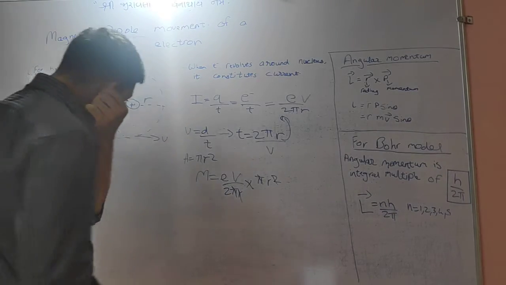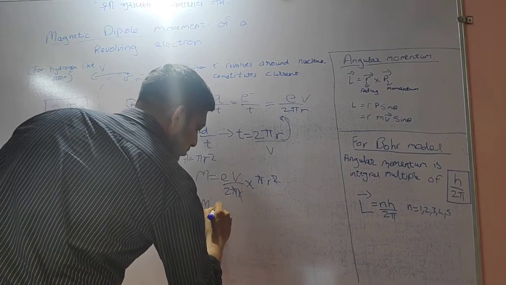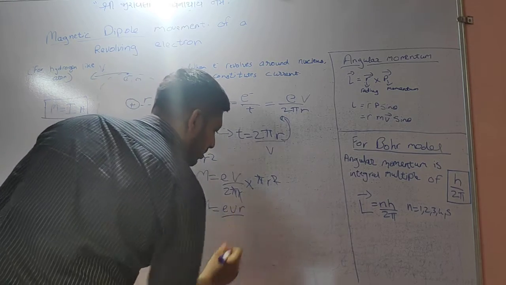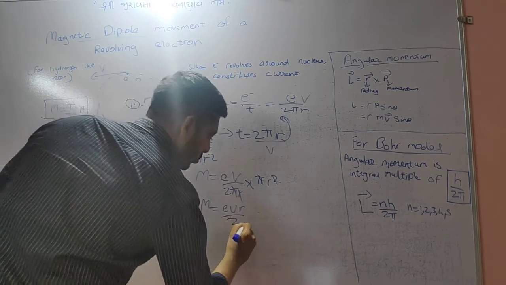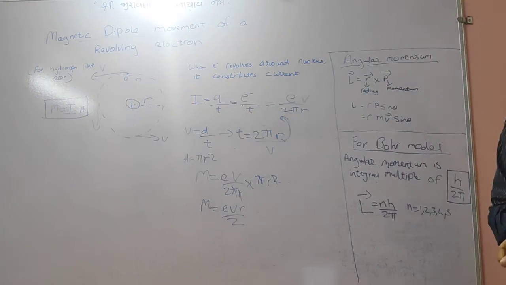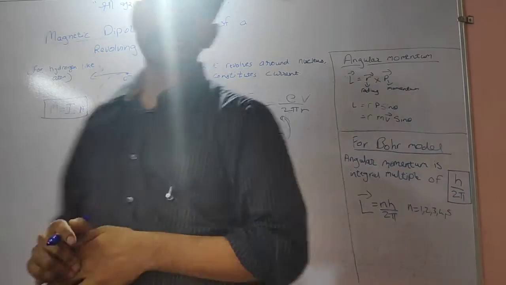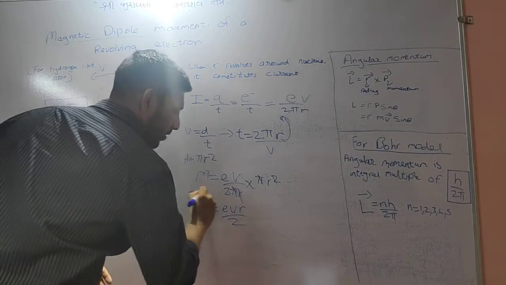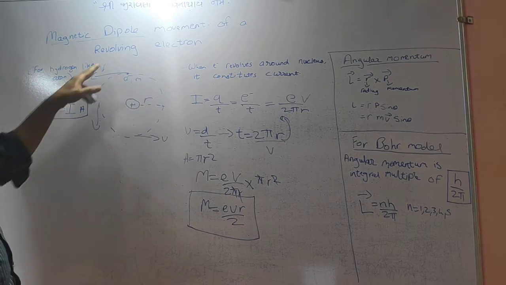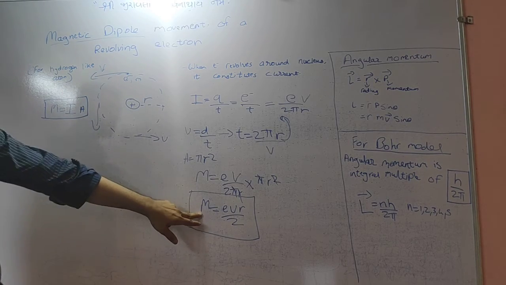So the formula will be M equals EVR upon 2. This is the magnetic moment that we get for an electron moving in orbit around the nucleus.